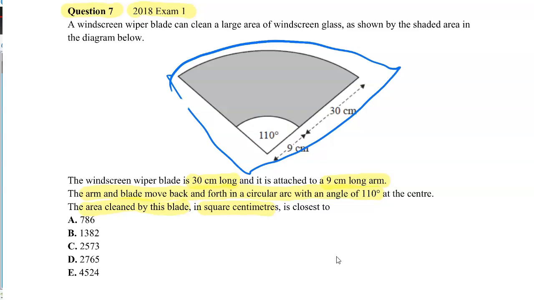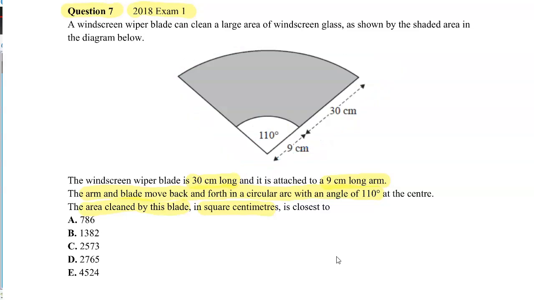Okay, so the area of that big one is 110 degrees times by pi, and the radius here for this big one is 39 centimetres, divided by 360, 39 squared, isn't it?